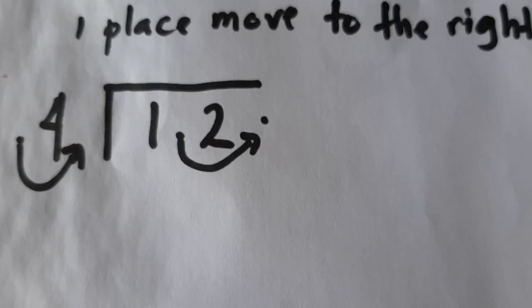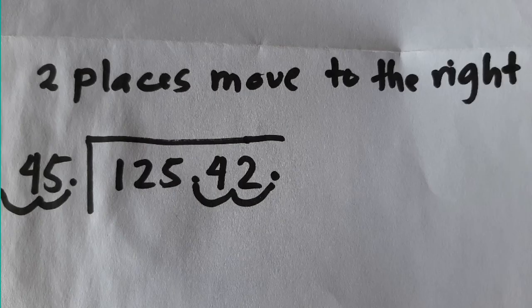Take note that if you're going to divide decimal numbers, you need to make them into whole numbers first, like this. When the divisor has to move one place to the right, the dividend also will move one place to the right. Another one. When the divisor has to move 2 places to the right, you need also to move 2 places to the right for the dividend.